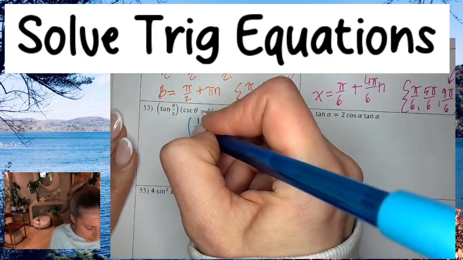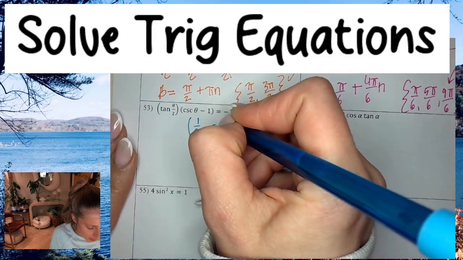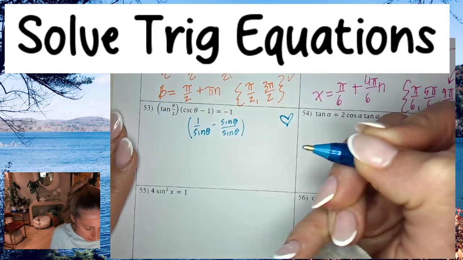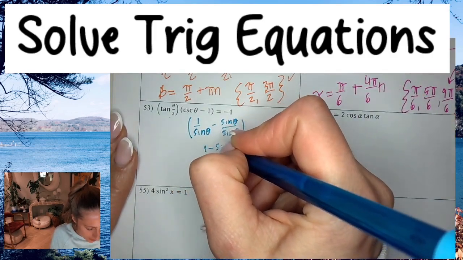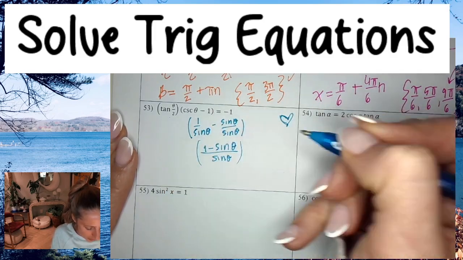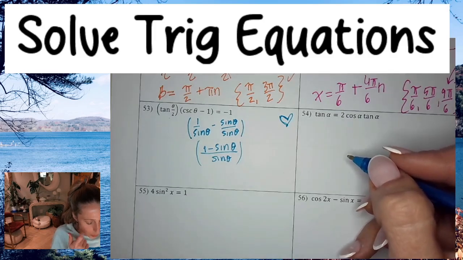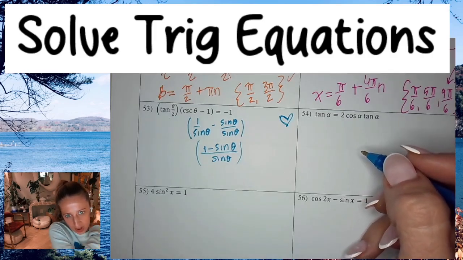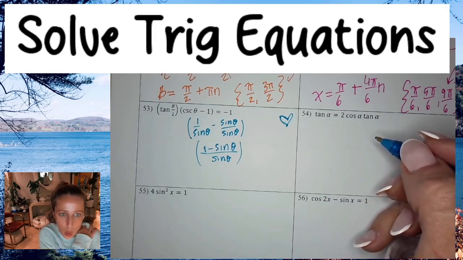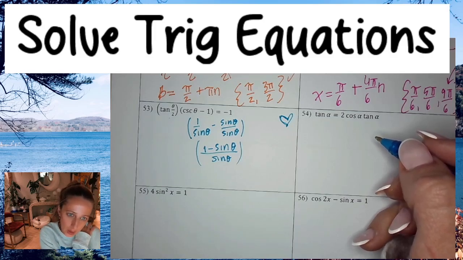Cosecant is 1 over sine, minus 1, which is sine over sine. So 1 minus sine over sine is really that second whole thing. Now, if I pick carefully the tangent half angle identity, I could pick one that has 1 minus sine in it.